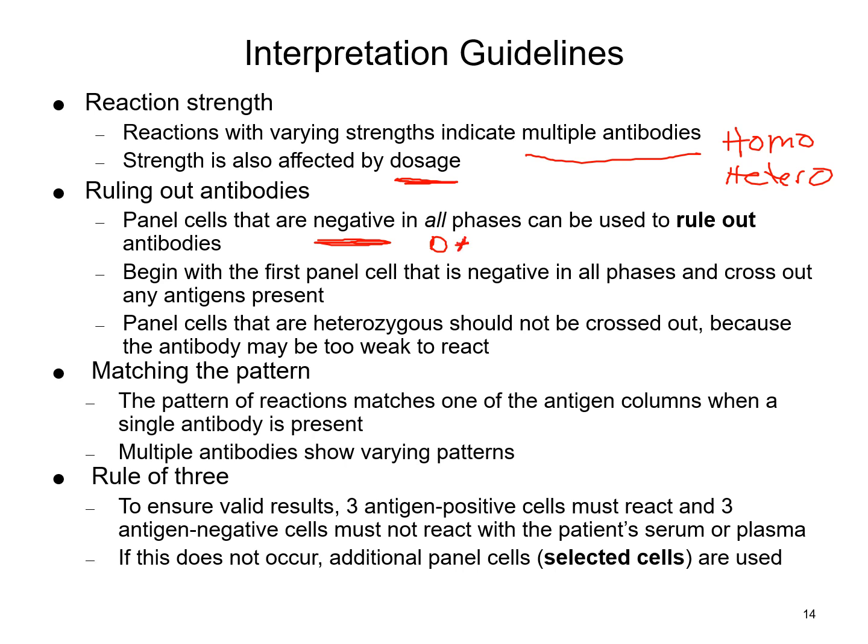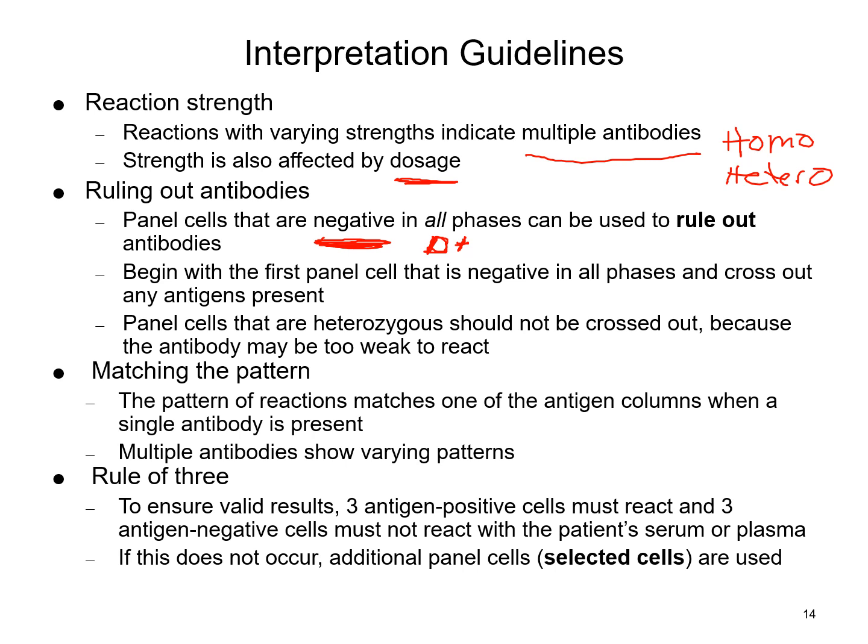If it did not react to it, then we know that it did not react with that D antigen. So again, we're looking to see not only which ones it reacted with, but which ones it did not react with, because those are the ones we're going to use to do our rule out. So first we will begin with the panel cell that is negative for all phases, and we're going to cross out those antigens that are present.